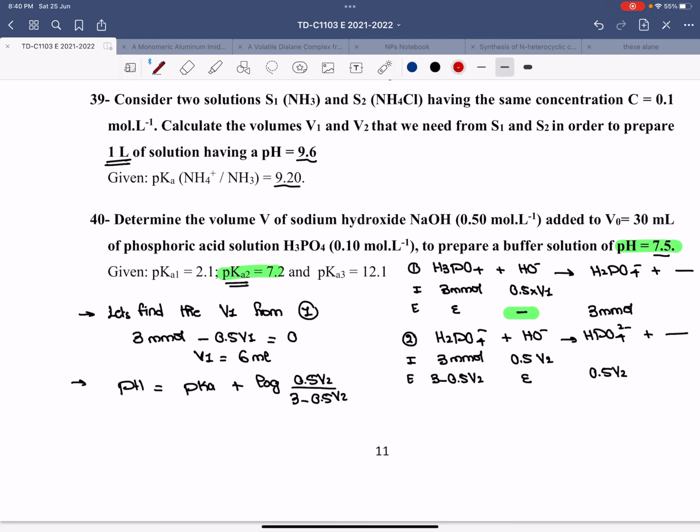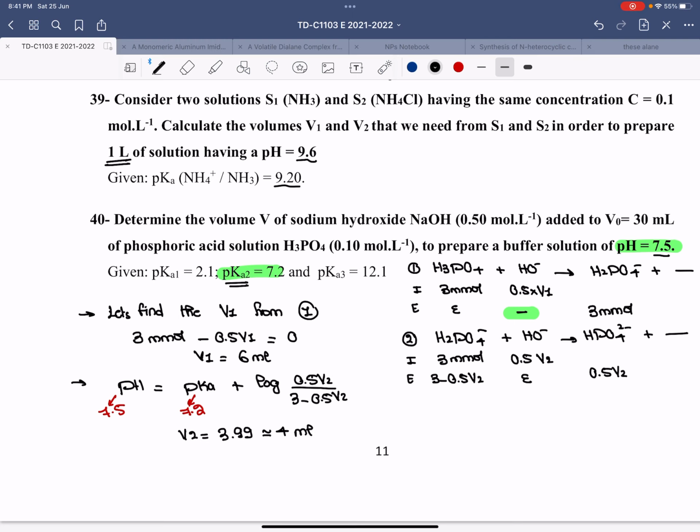The pH is 7.5, pKa is 7.2. Find V2. V2 is equal to around 3.99 ml, so that's 4 ml.